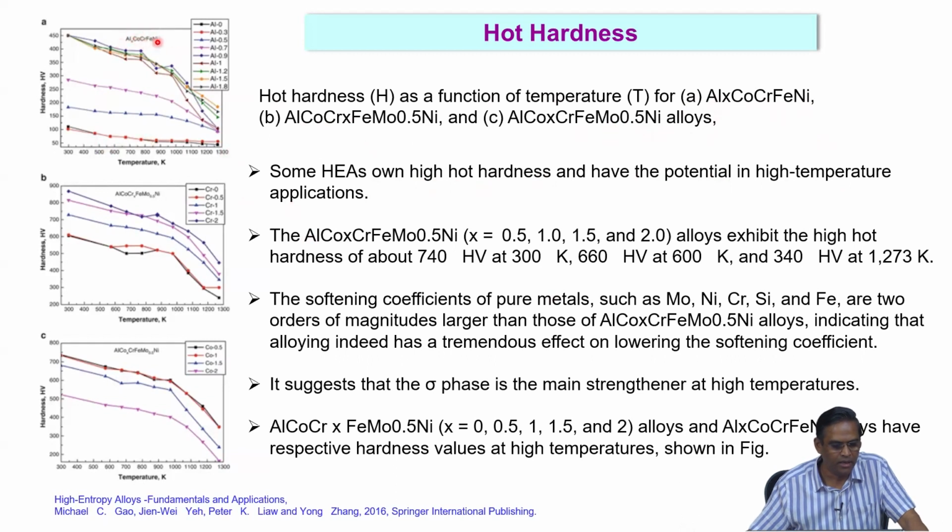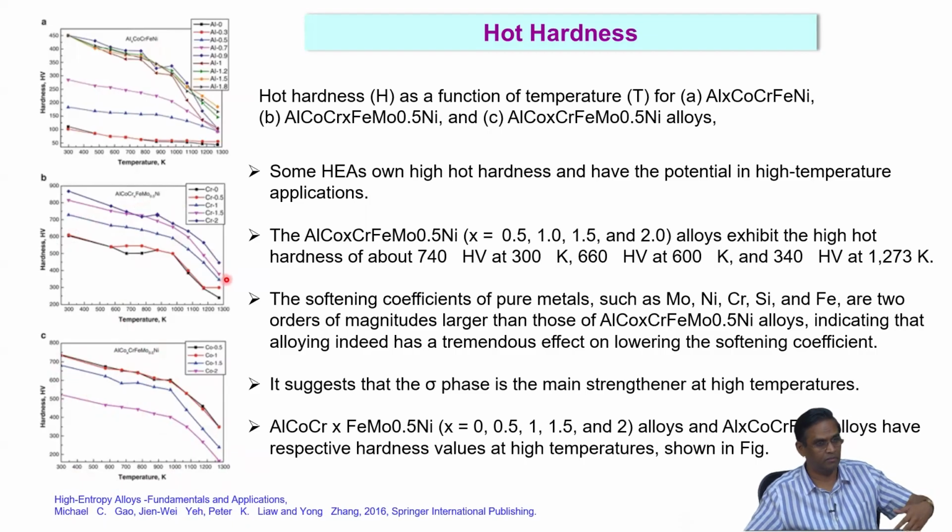So what you are seeing here is different kinds of alloys. This is aluminum, cobalt, chromium, iron, nickel. This is aluminum, cobalt, iron, moly, nickel. And here it is aluminum, cobalt, chromium, moly, nickel with a different molybdenum content. You can see how the hardness decreases as a function of temperature. The hardness change is not drastic as the temperature increases.